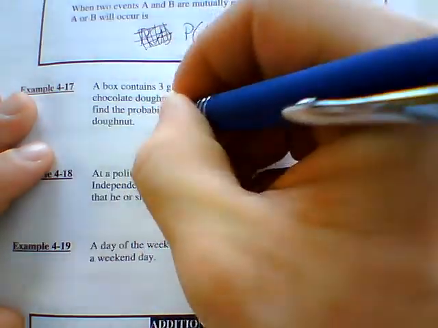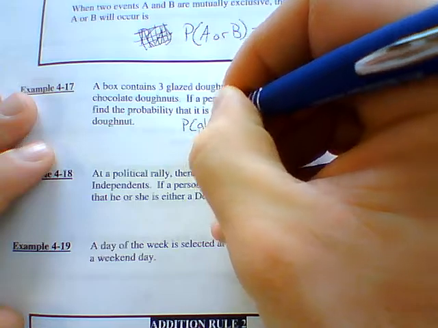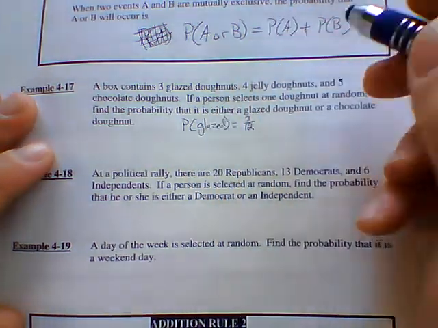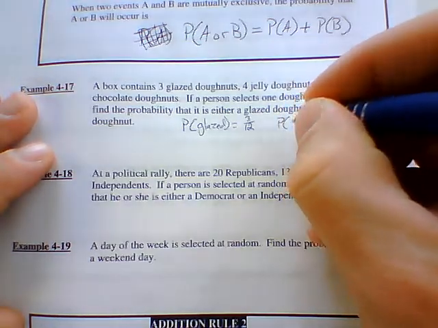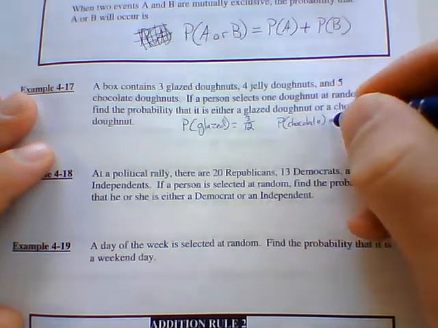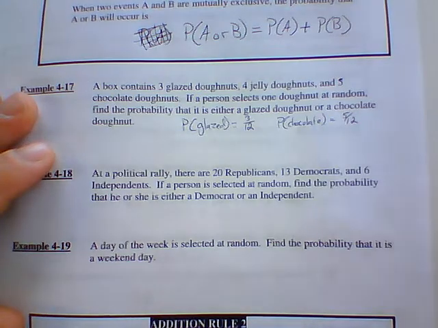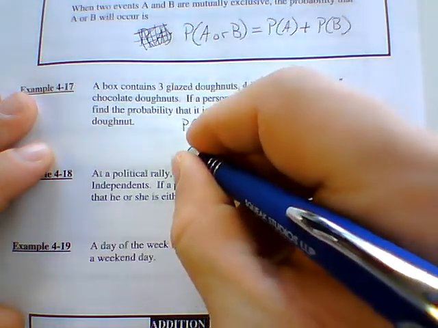Glazed, so the probability of glazed is 3 out of 12. Don't reduce because we're going to have to add, right? Chocolate, probability of chocolate is 5 out of 12, right? 3 over 12 plus 5 over 12 is 8 out of 12.